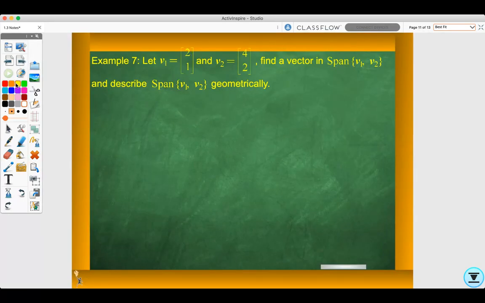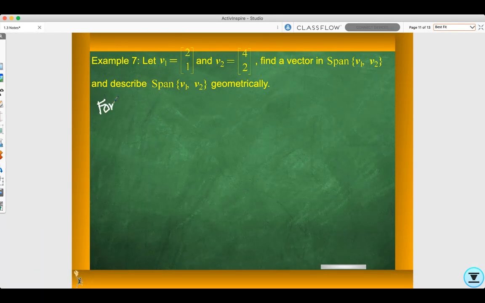Let's look at example 7. Let v1 be (2, 1) and v2 be (4, 2). Find a vector in span v1, v2 and describe the span of v1, v2 geometrically. There are many different examples you could do here, so I'm going to use my own.